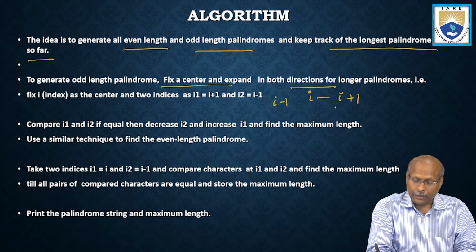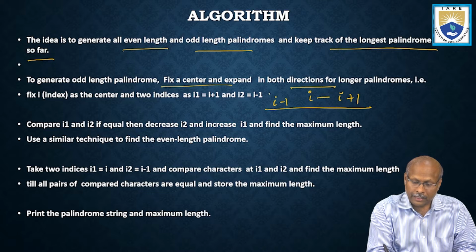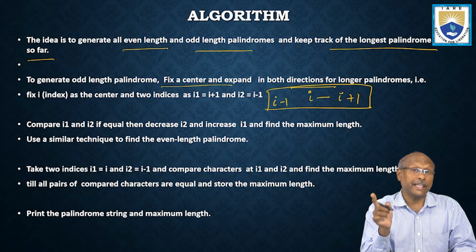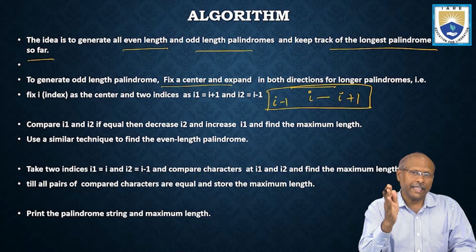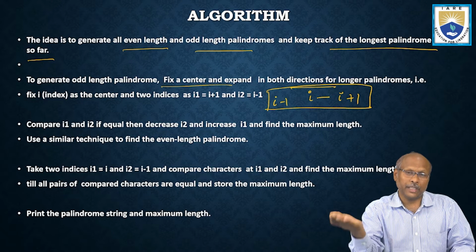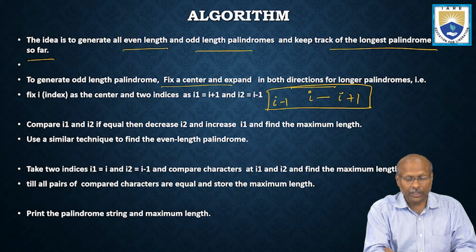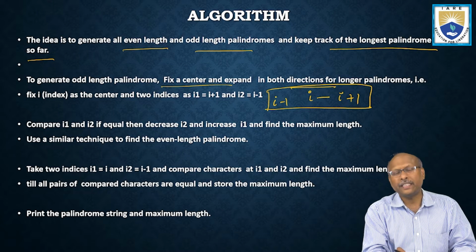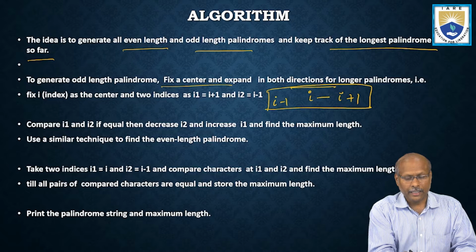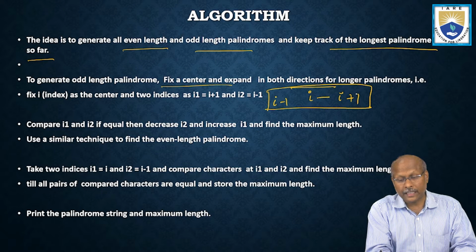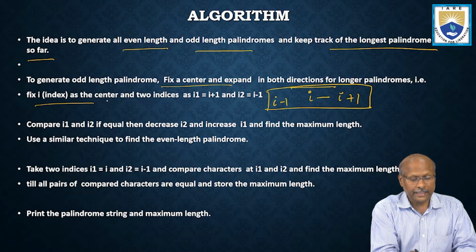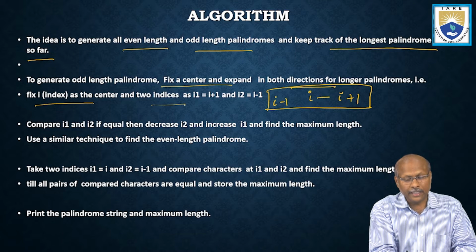This logic finds odd length palindromic substrings, because the middle is i, the left is i minus 1 and the right is i plus 1. So to generate the odd length palindrome, fix a center and expand in both directions for the longest palindrome. That is, fix i as the center index, with two indices i1 and i2.